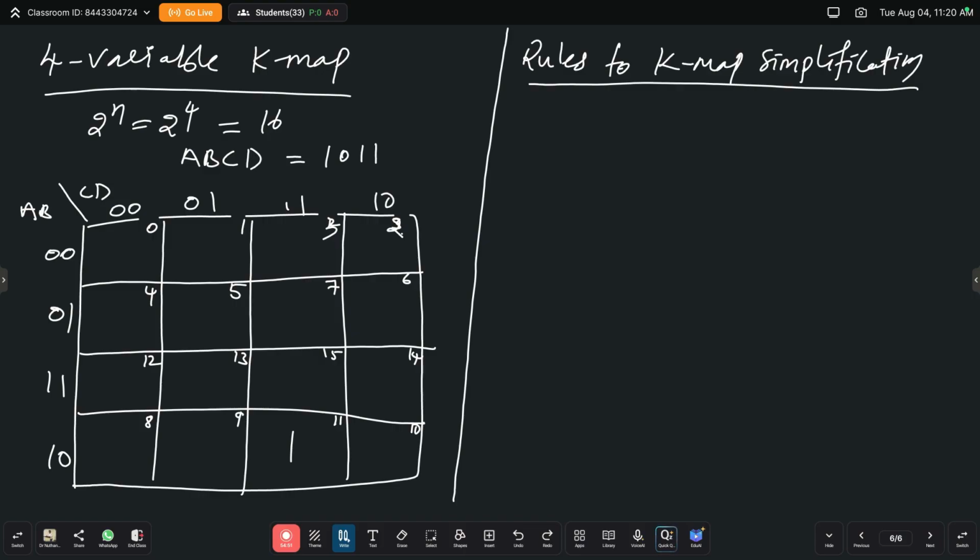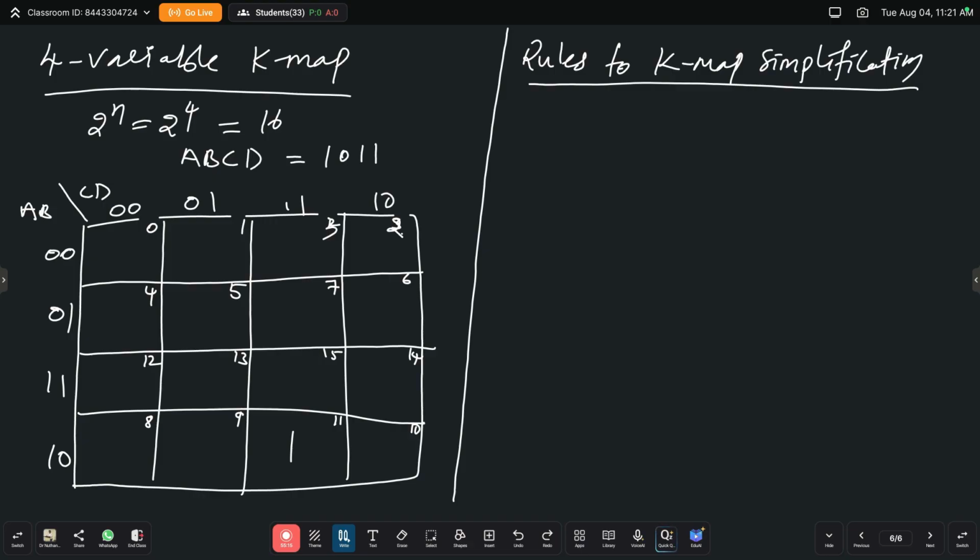Then how to simplify the K-map for implementation of your circuit. So some rules are there. Please note down. First rule: groups may not contain zero.